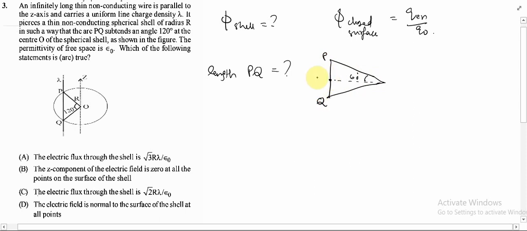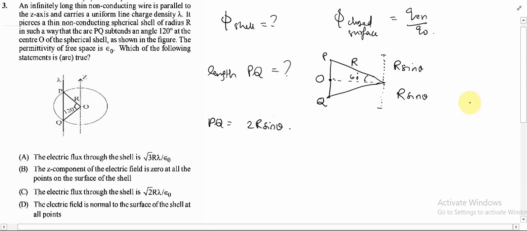Suppose this is the point O and this is the radius r. If you resolve the radius vector, this will be r cos theta and this distance will be r sin theta. So this PO distance will be r sin theta. As this is symmetrical, OQ is also r sin theta. So our total distance PQ is given by 2r sin theta.